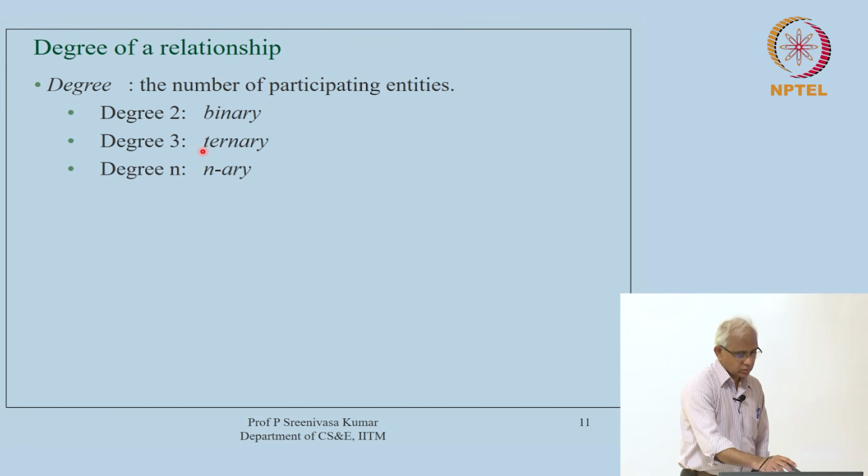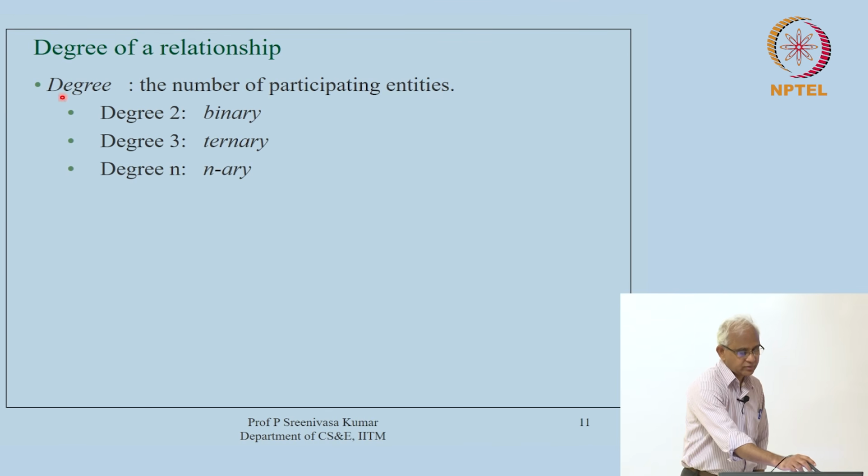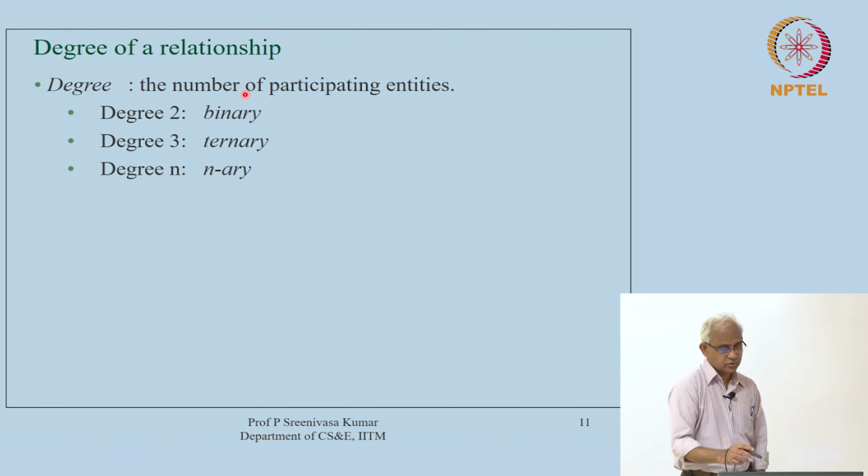Degree 3 means 3 entities are participating in that relationship, so the tuples will have 3 components. Degree n is n-ary. The term degree is used to indicate the number of participating entities in the relationship.